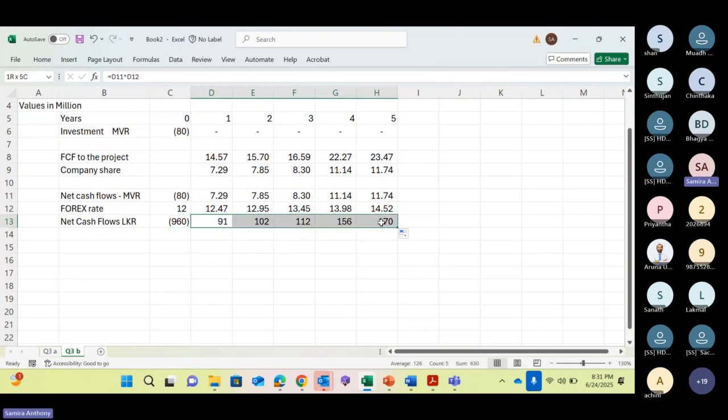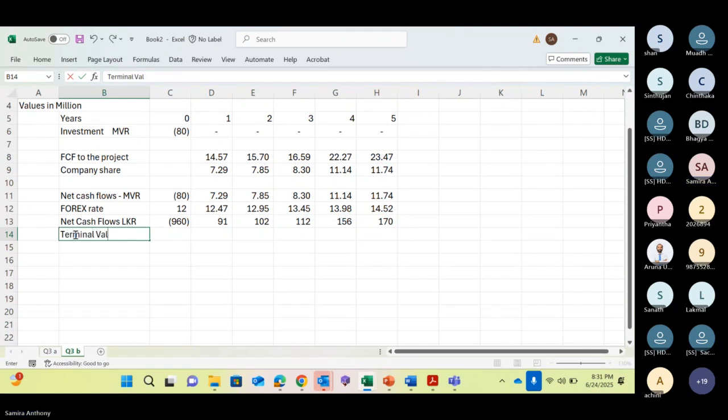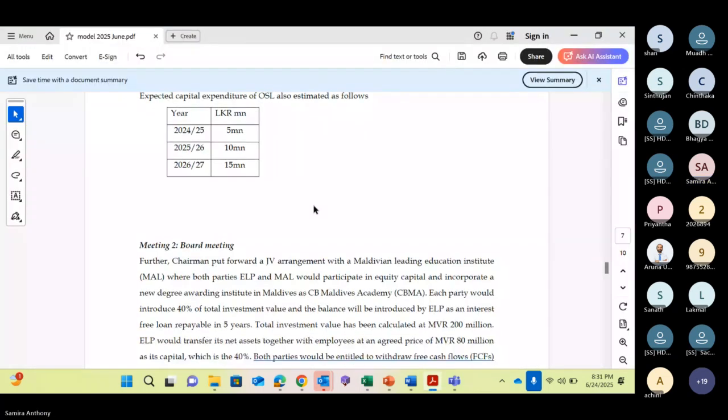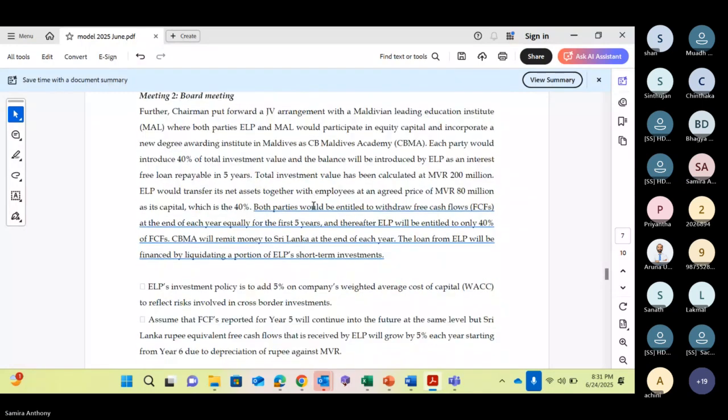Okay, these are the net cash flows. Now you have to calculate the terminal value. CBMA will remit money to Sri Lanka at the end of each year.